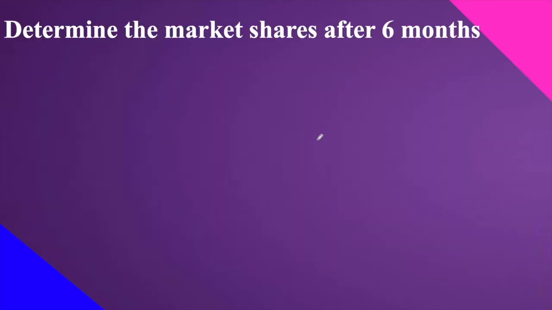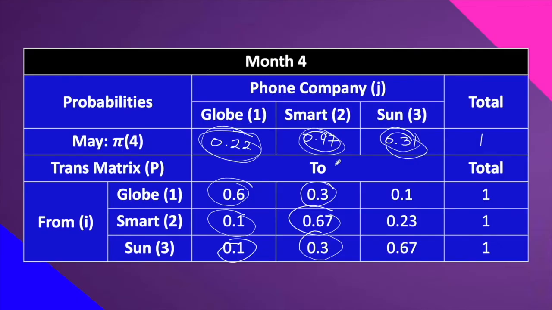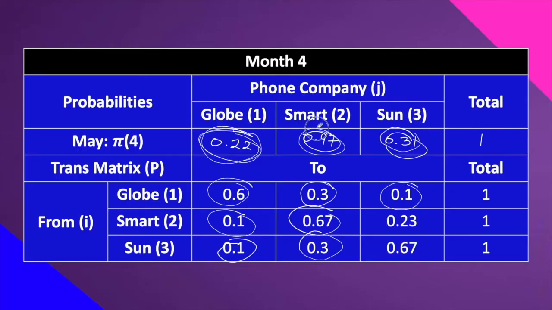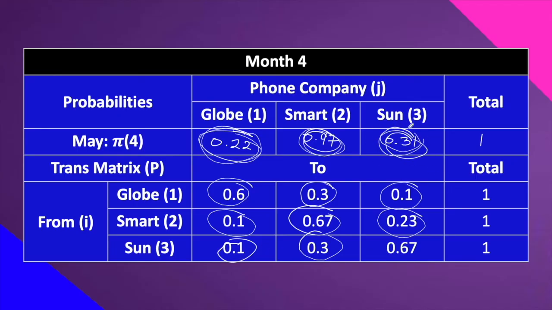Next, we have the M sub 3 or the market share for the Sun after 5 months. Formula niya, sum product of M sub J of previous month, which is the month 4, ito po, and P sub I3. Ito yung column na yan. So 0.22 times 0.1 plus 0.47 times 0.23 plus our last one, 0.31 times 0.67.